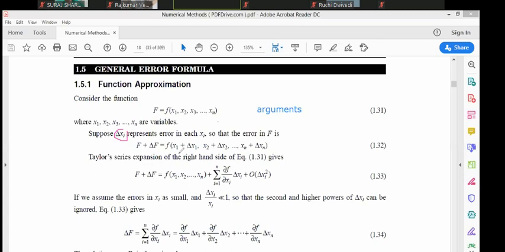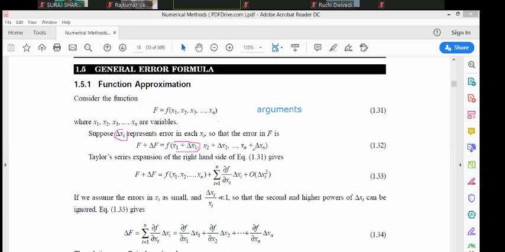So f plus del f, this function becomes f of x1 plus delta x1, and similarly x2 plus delta x2, and so forth up to xn plus delta xn.